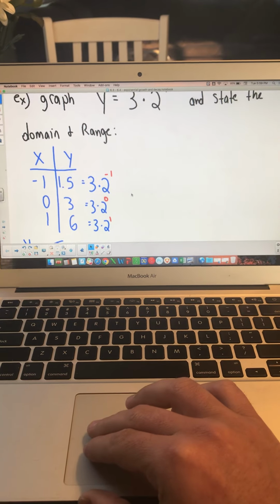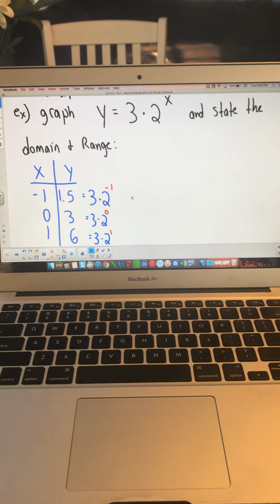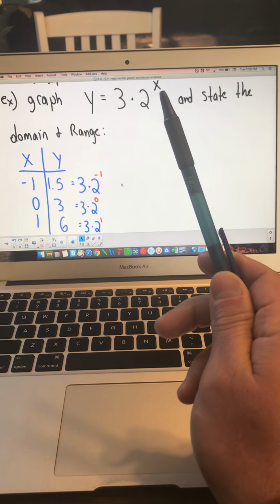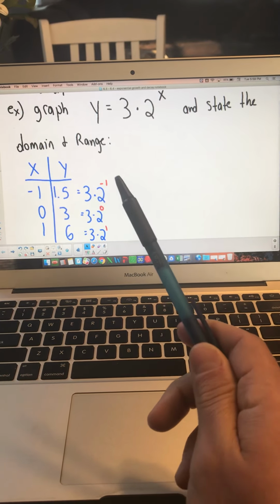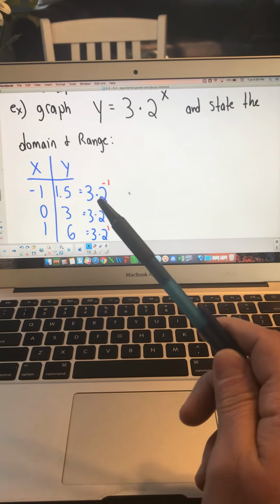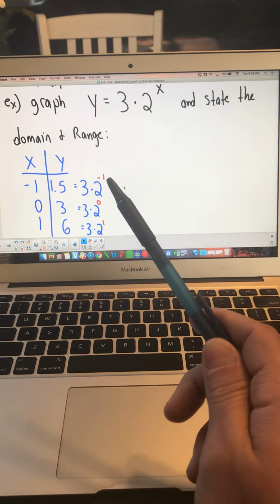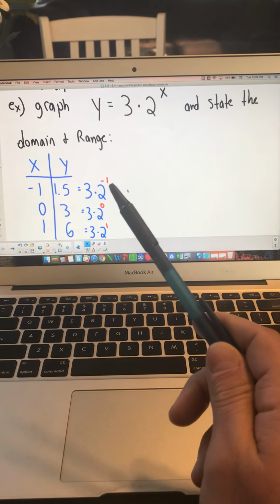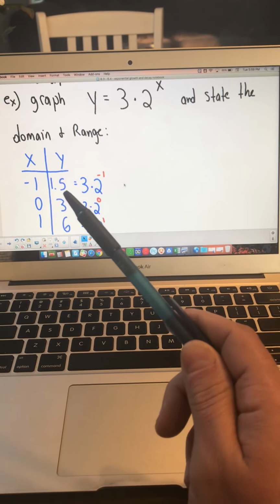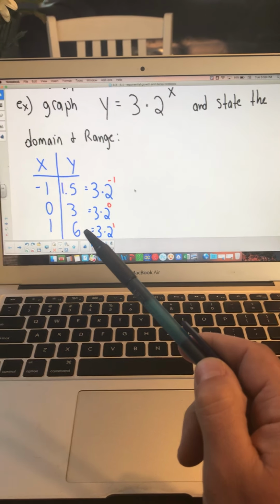Now when you plug them in, we're plugging these values in as the exponent. Dr. PEMDAS, because of all the operations, tells us exponents first. So we'd have to evaluate that, then multiply. These are the y values that we should get.